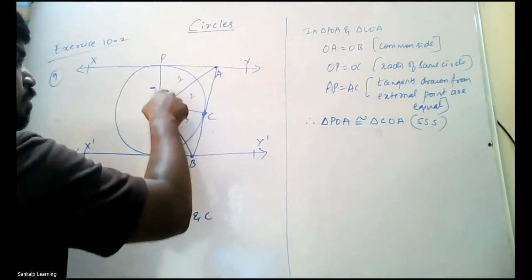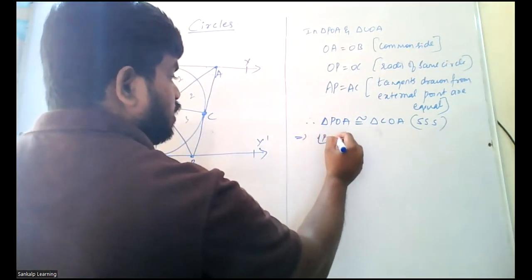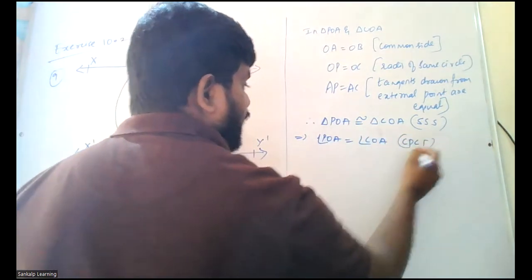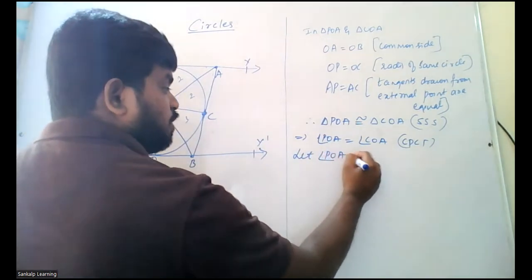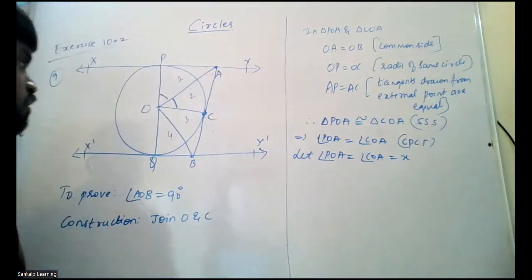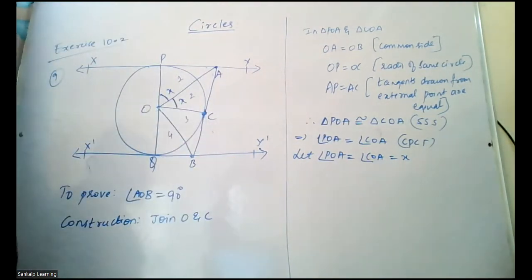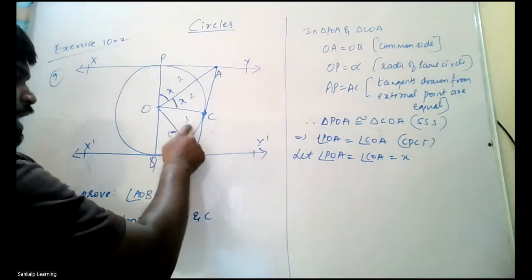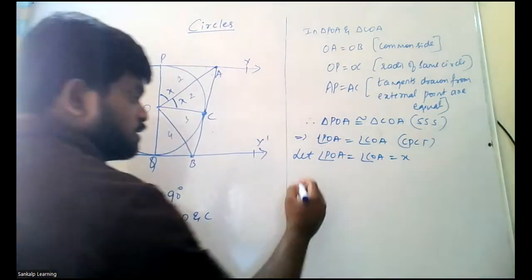Let me consider only about this, which implies angle POA is equal to COA, that is CPCT, and I'll assume that these angles be X. Angle POA, COA is equal to X. So we got to know these 2 are equal because using the CPCT.